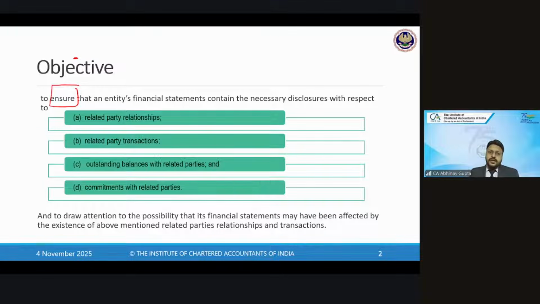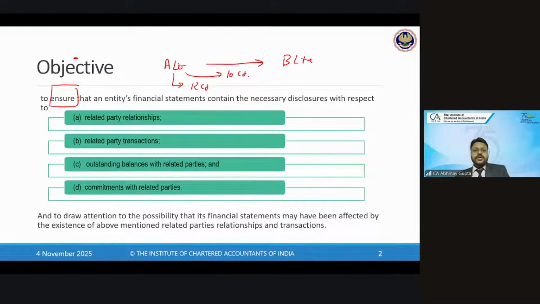For example, A Limited is having a relationship with B Limited, and A Limited is making a 10 crore sale during the year. This transaction needs to be disclosed. Now, suppose the overall revenue of A Limited is 12 crore.